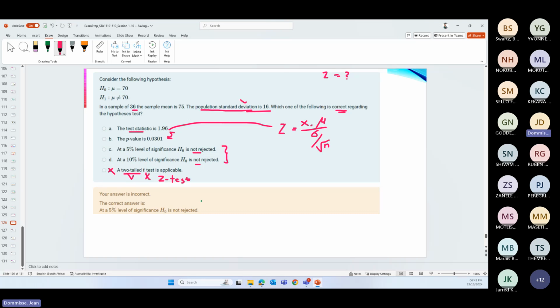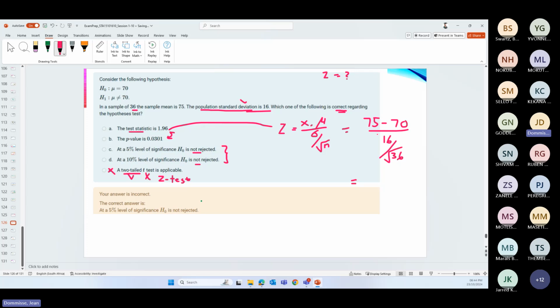Okay, so unfortunately then we need to work out the t-stat. So in the sample of 36, the sample mean is 75. So 75 minus 70, divided by standard deviation of 16 over the square root of 36.